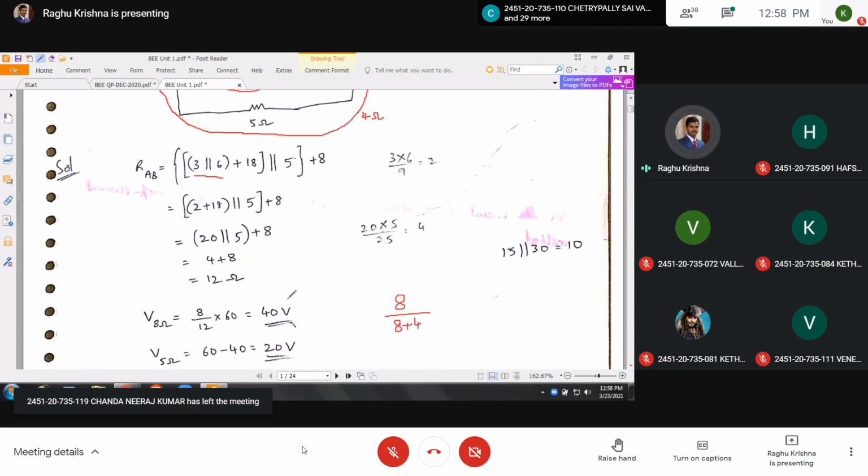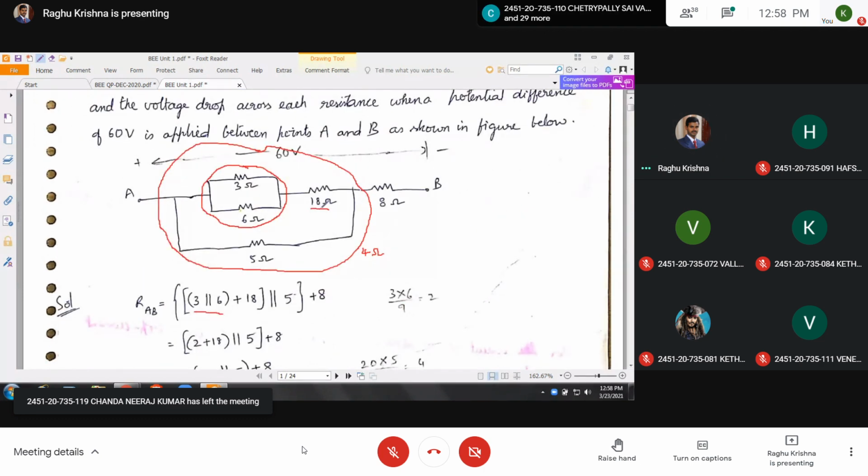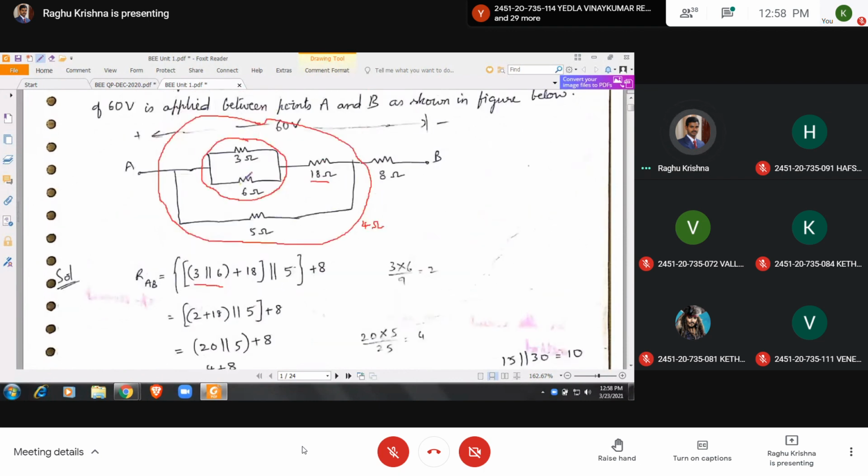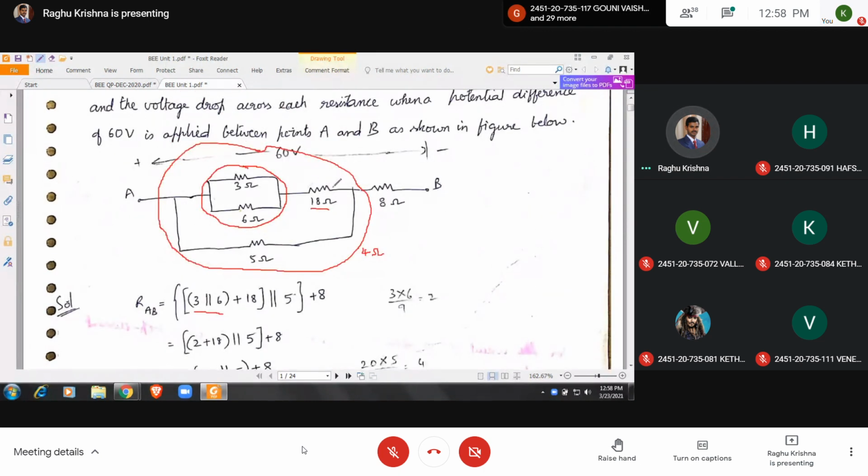Now the voltage drop across 18 ohms. So voltage across 5 ohms is 20, which means the voltage drops across these resistors also. Here this path is in parallel with 5 ohms. Let us take this as some point 3.